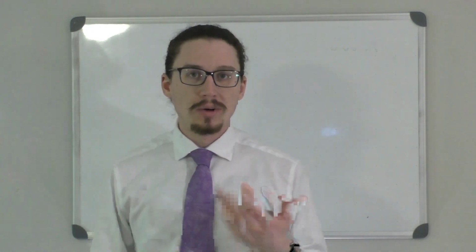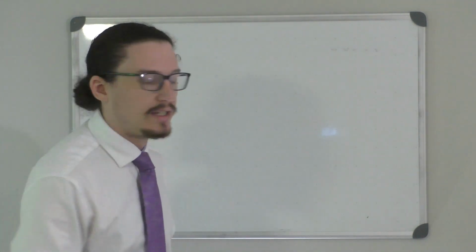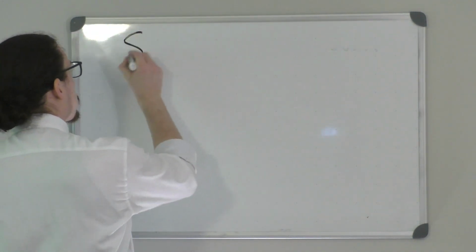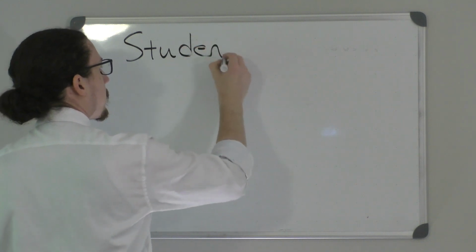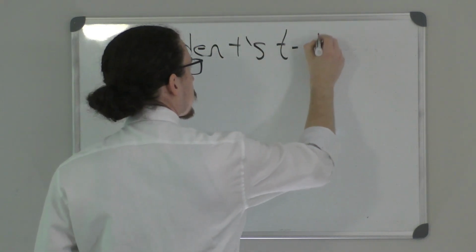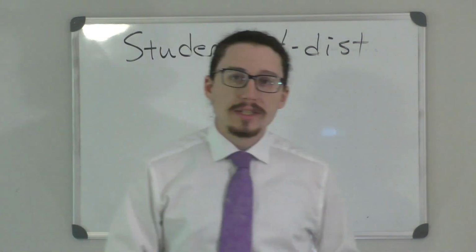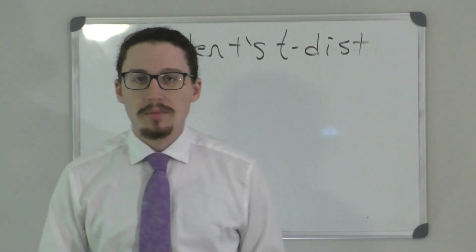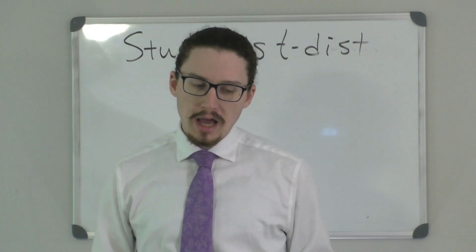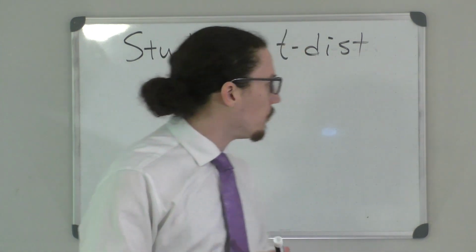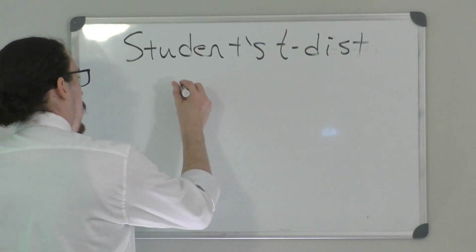Instead of using the z distribution, the standard normal distribution, we're going to be using what's called the student's t distribution. The student's t distribution is different from the z distribution in one big way.